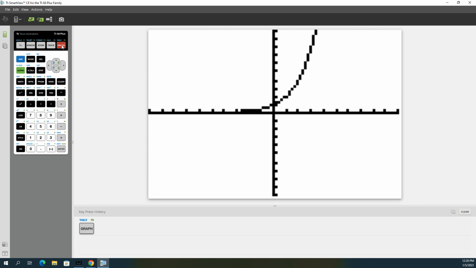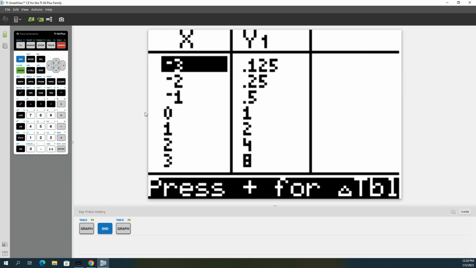All right, but I'm going to go to the table and get some points. Do you guys remember how to go to the table? Good. Second graph takes you to a table. I'm just going to jot that down.